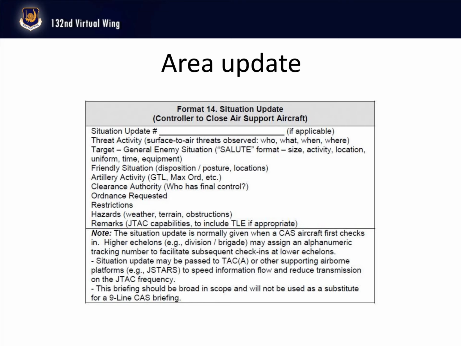If we have artillery activity, friendly artillery, it will be given, because it's relevant. Artillery shells go up and you are also up, so it might conflict. So JTAC will define where the artillery is and what the GTL, or gun target line, is, so that you know approximately the direction of the artillery fire, and the max ordinate, the maximum altitude to which the shells go up before they come back down on the targets.